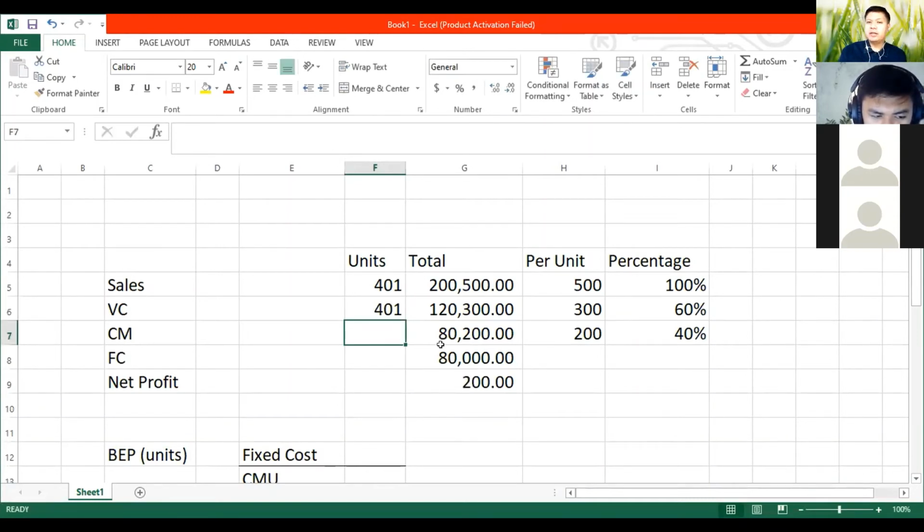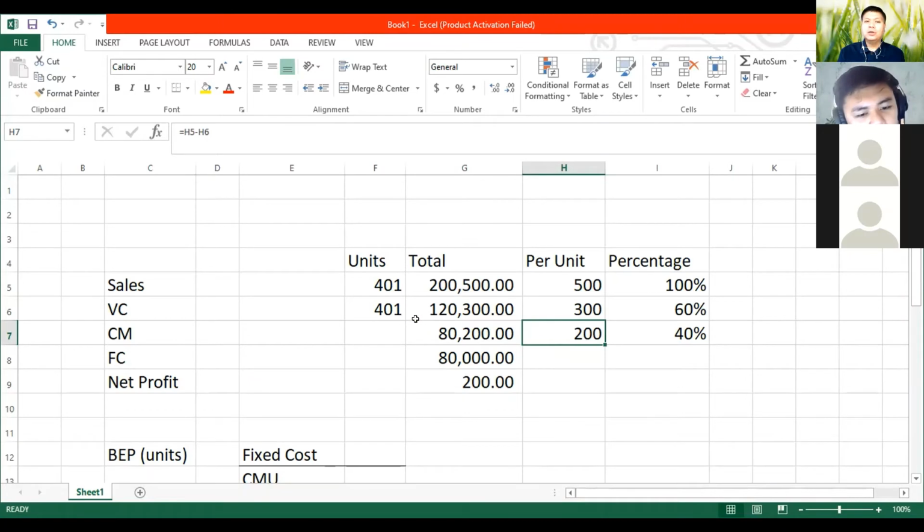If this becomes 401, so you get what? A 200 profit. So this is easier compared to the equation form earlier. If this becomes 401, you just add 200. He is saying that if the per unit CM is 200, you just multiply it by the increase over the break-even point. So 200 times 1.